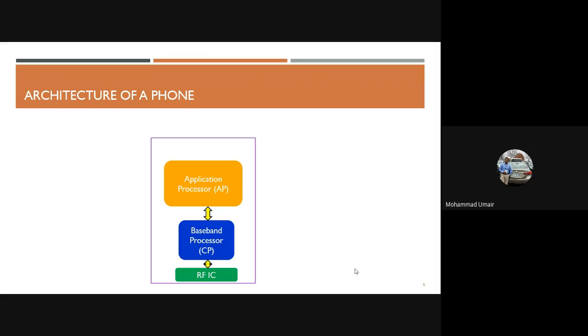Before I go into the details of this, can you guys buzz me: when you buy a phone, what all things do you look at on the box or in the specs? When you think that you want to buy this phone or that phone, what are the things that you consider? RAM, yes, very good.